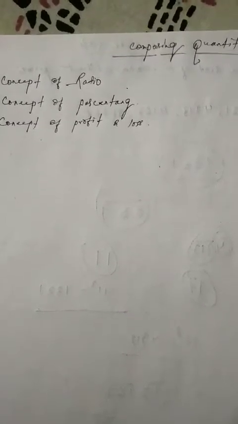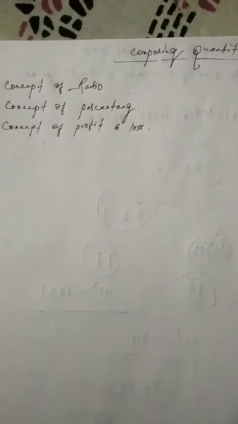For an example, children, suppose that a teacher is teaching 40 students in a class. A single teacher is teaching 40 students in a class, and you are asked to find the ratio of teacher to students of that particular class. So how to find the ratio of that particular classroom?